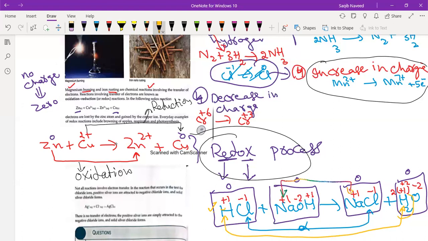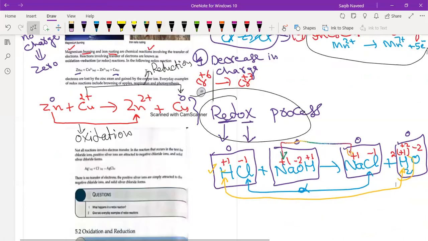So technically, the charge on each atom is +1 on both ends, right? Even the oxygen is -2 on both ends. So what I am going to conclude: no change in charge for any element in this equation. So this equation is not a redox equation, right?